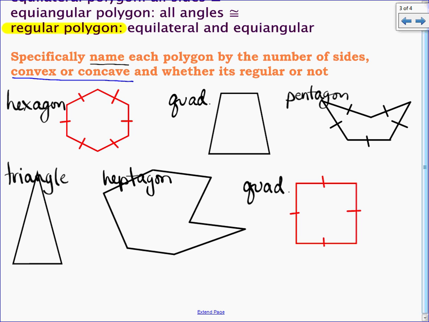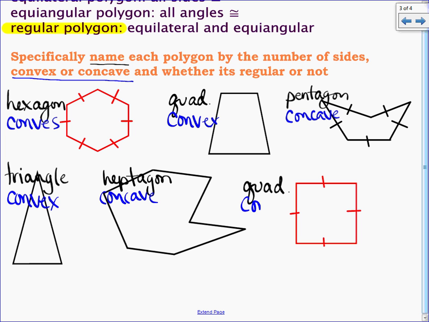Concave. Okay, the rest you should have convex. So on the test, you're going to have these shapes and then 3 lines underneath each one because you'll need to fill in each line with a classification. So we've done 2 of the 3 so far.